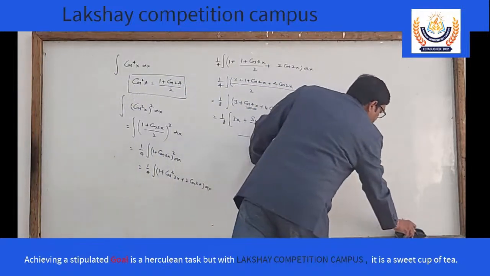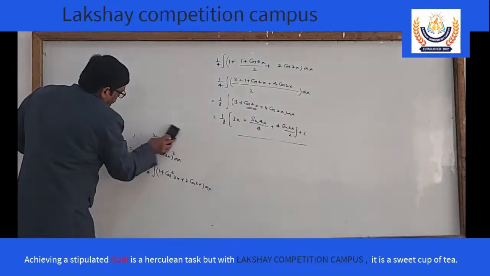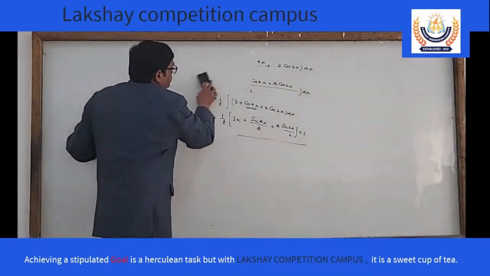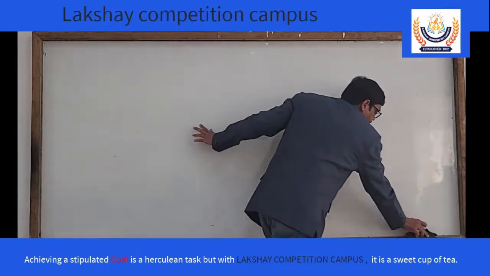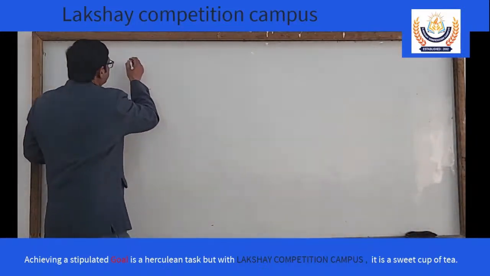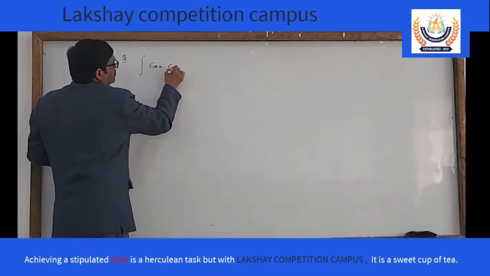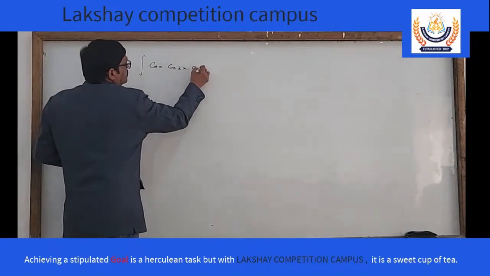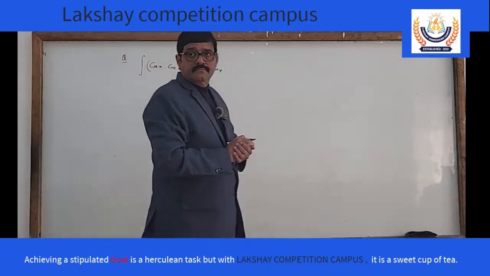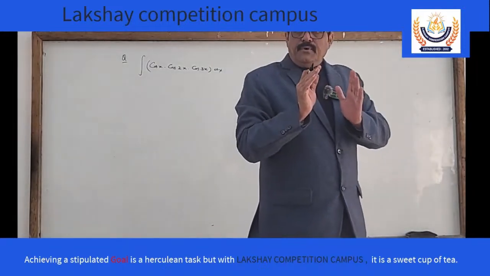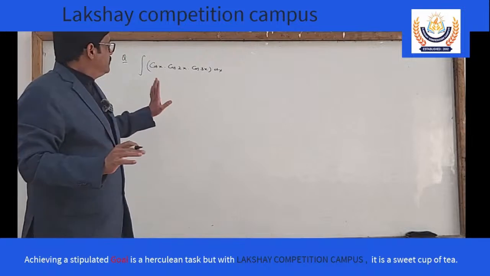How can we find the integration of cos x into cos 2x into cos 3x? The problem is cos x, cos 2x, cos 3x. How can we find it? In a product, in multiplication, we can't directly find the integration.